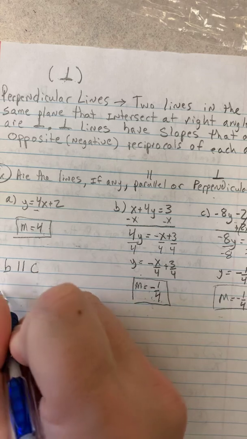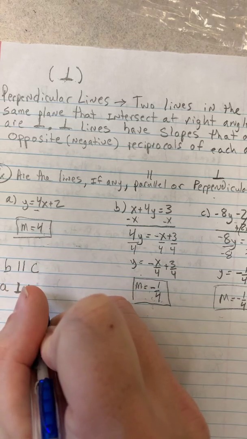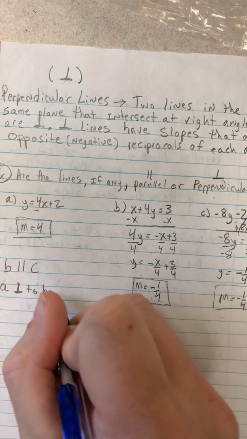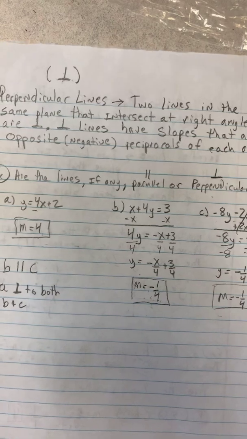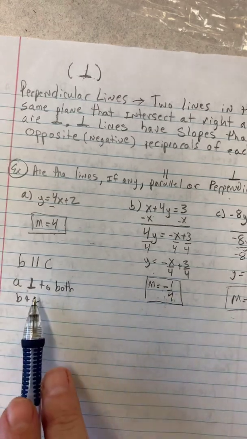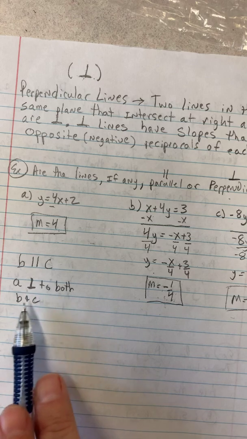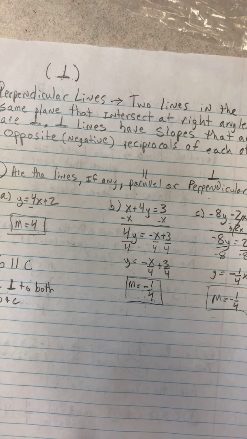So I can say A is perpendicular, and I'll just say to both B and C. You could say A perpendicular to B and A is perpendicular to C. I'm just going to do it in one statement. A is perpendicular to both B and C because they have slopes that are opposite reciprocal.